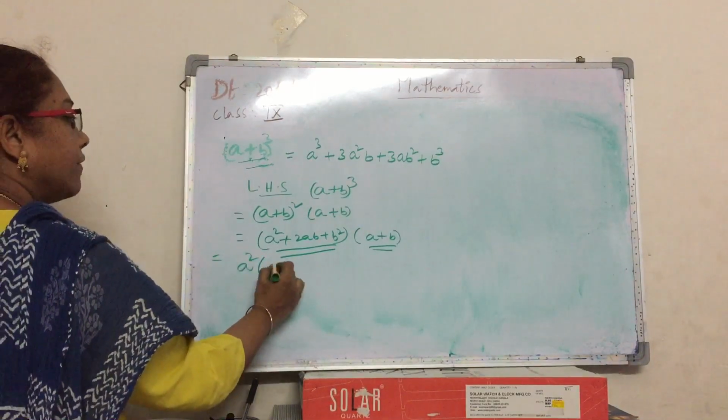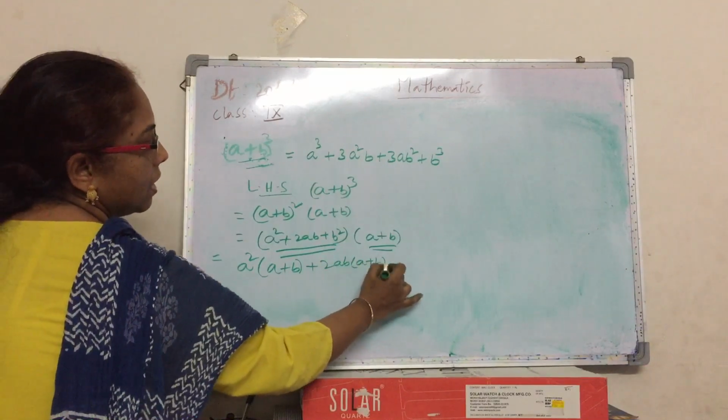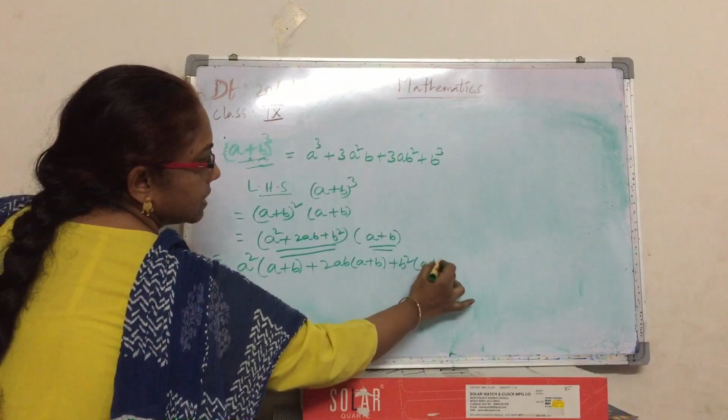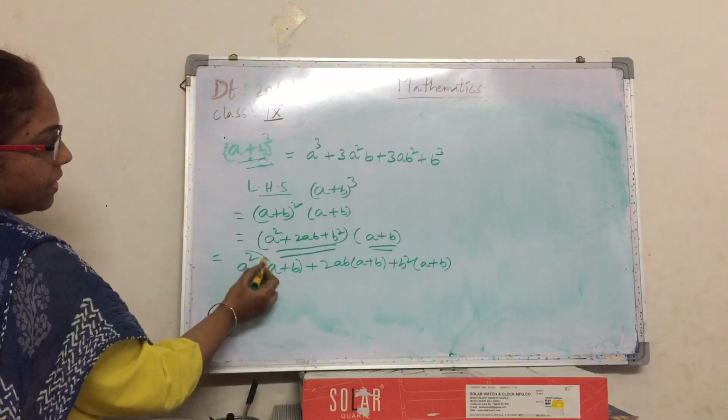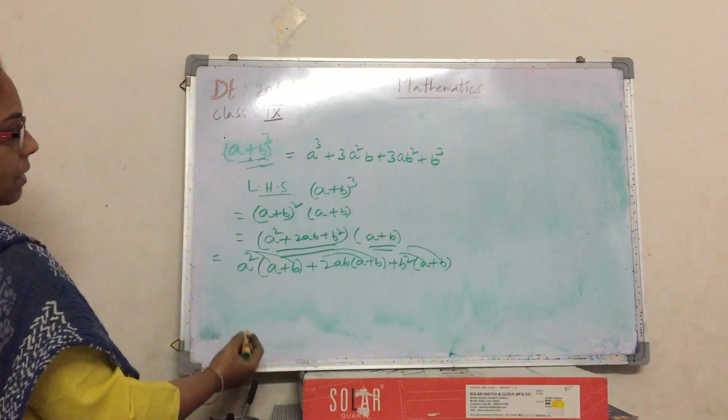Take a square of a plus b plus 2ab of a plus b plus b square of a plus b. Now take this a square and multiply. Take 2 inside and multiply.